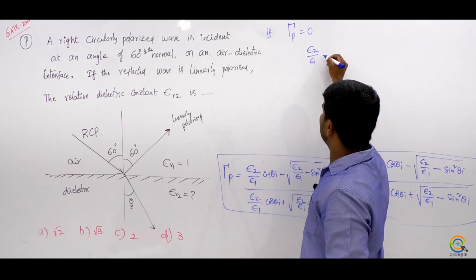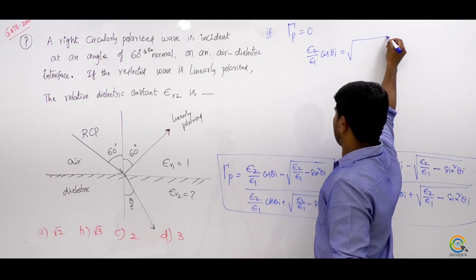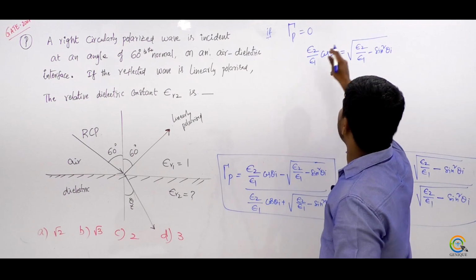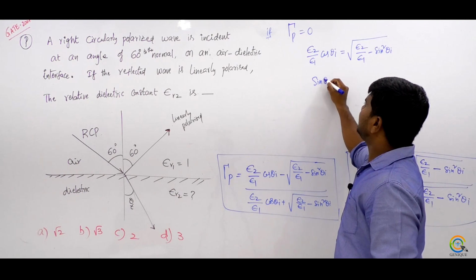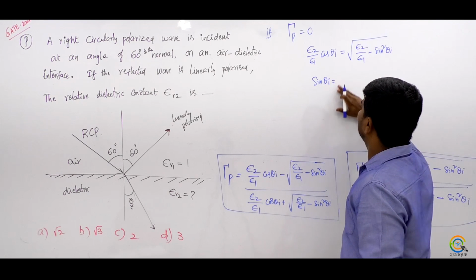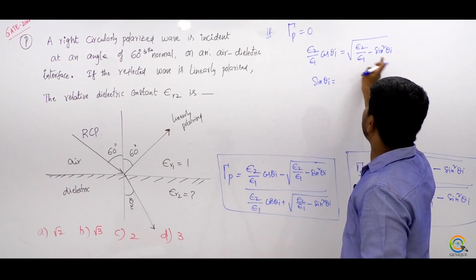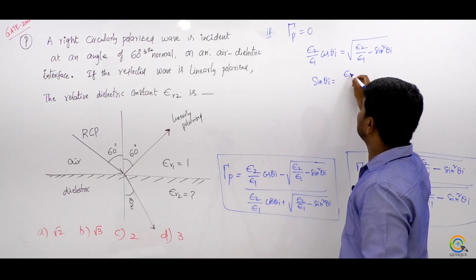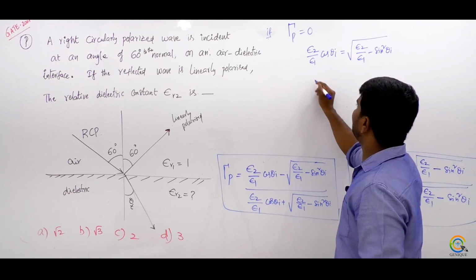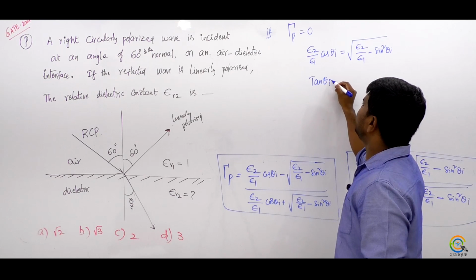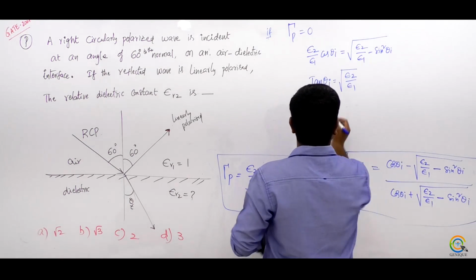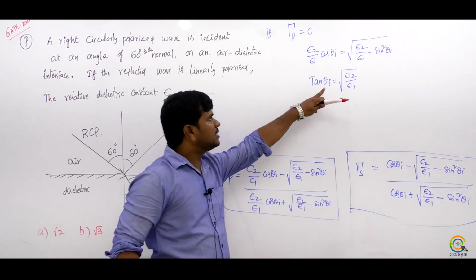Epsilon 2 divided by epsilon 1 cos theta I is equal to root over epsilon 2 by epsilon 1 minus sin square theta I. If you square this, you will get sin theta I equal to root over epsilon 2 divided by epsilon 1 plus epsilon 2, or directly you can write tan theta I equal to root over epsilon 2 divided by epsilon 1.